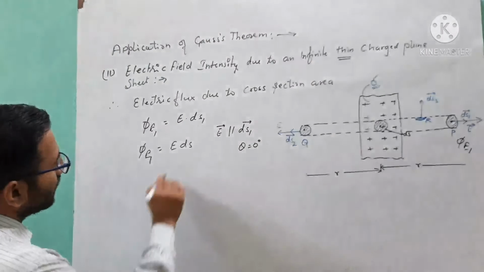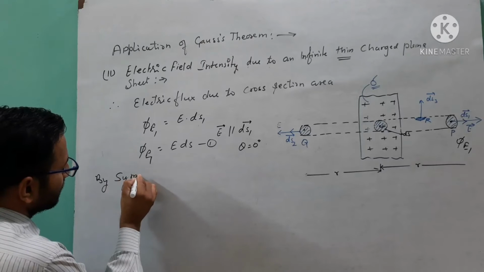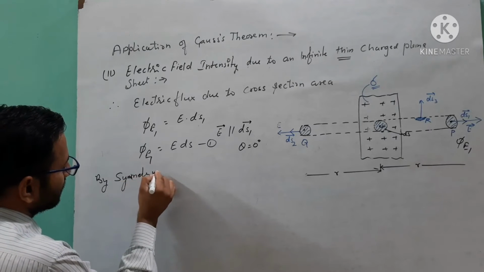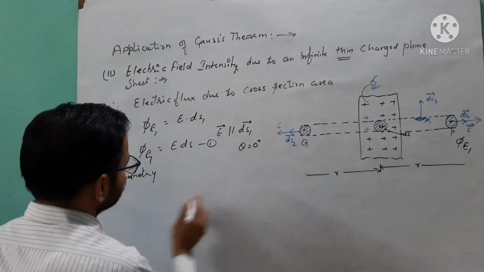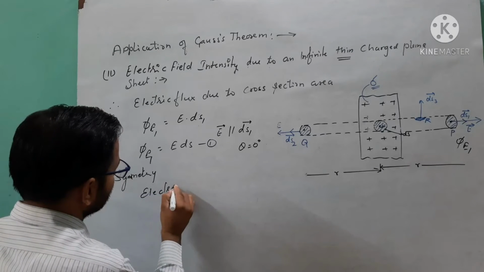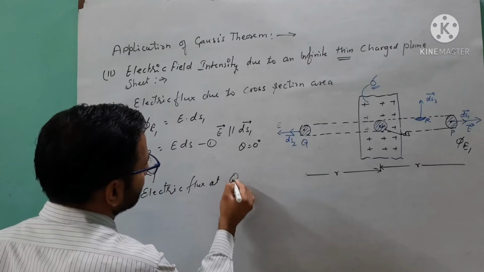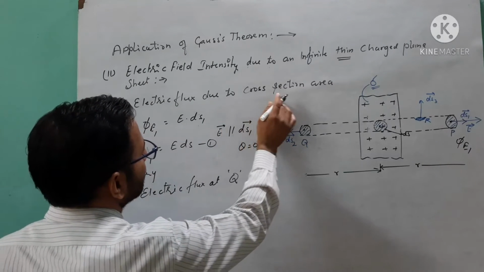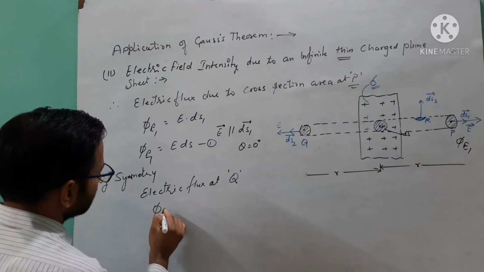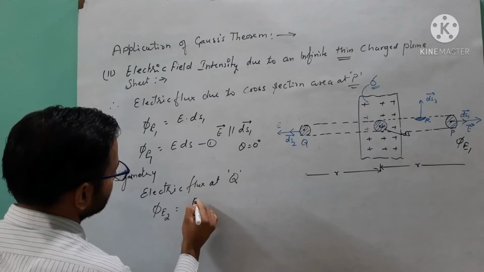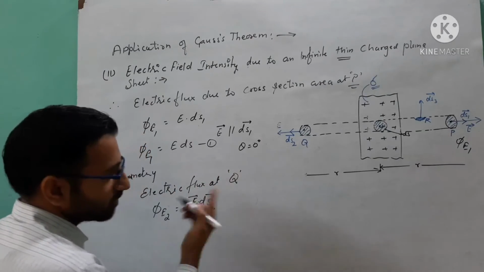Clear, student? Now after that, second, by symmetry, we can say the electric flux at cross sectional area at P, and by symmetry electric flux at Q, which is phi E2, is also equals to E ds2, and you know that ds2, ds1, ds all are equal.